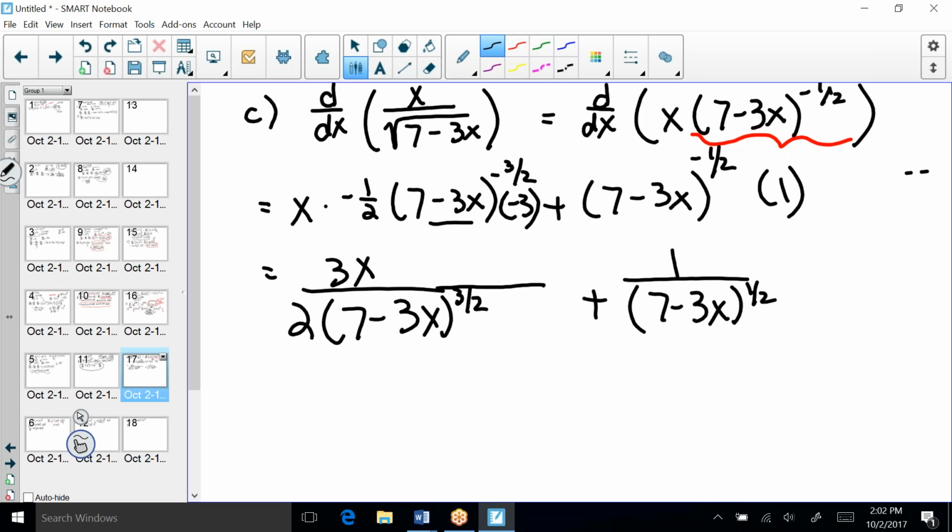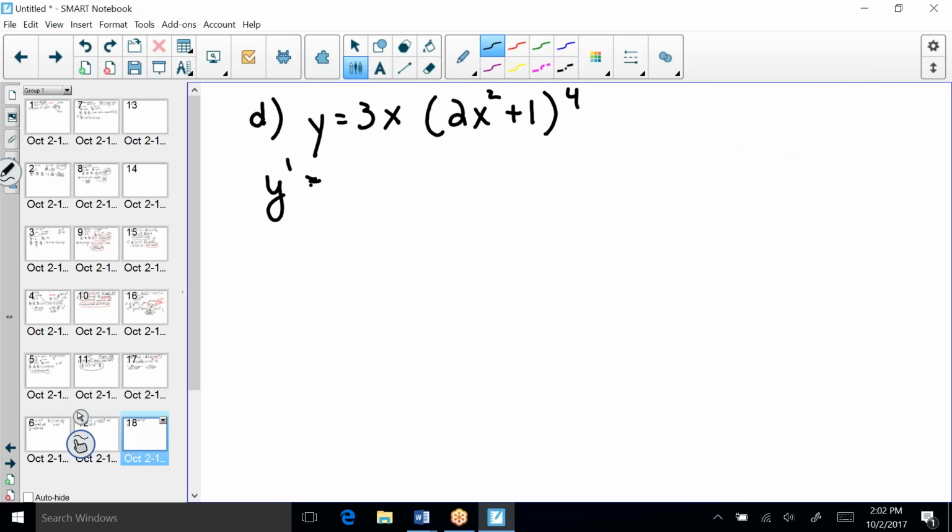So let's do E then, or D. So D is y is equal to 3x times 2x squared plus 1 to the 4th power. So again, this is going to be another product rule, where we're going to use the chain rule. So product rule says we're going to take the first thing, which is 3x, times the derivative of the second, so bring the exponent to the front, copy the inside, decrease the exponent by 1, and then we have to multiply by the derivative of the inside.